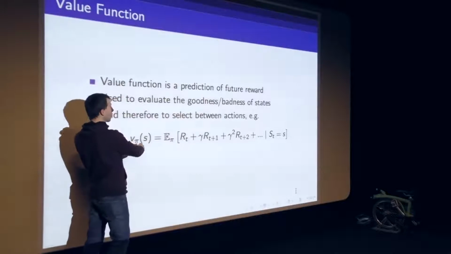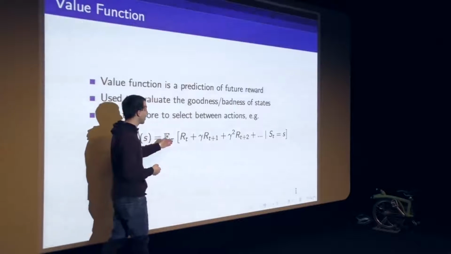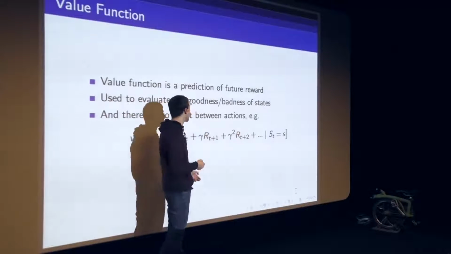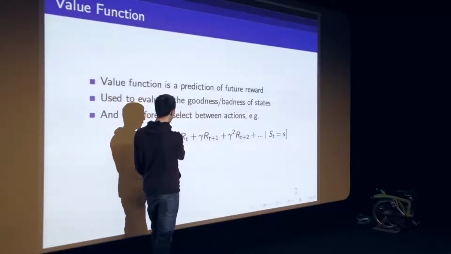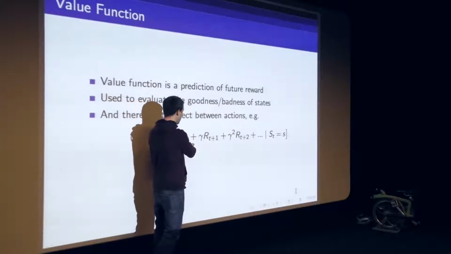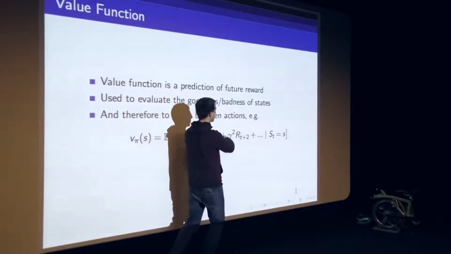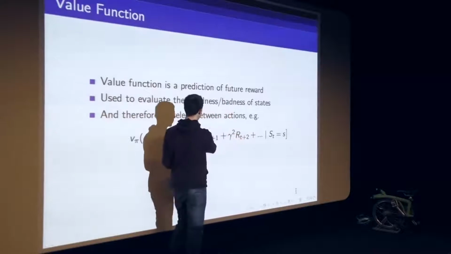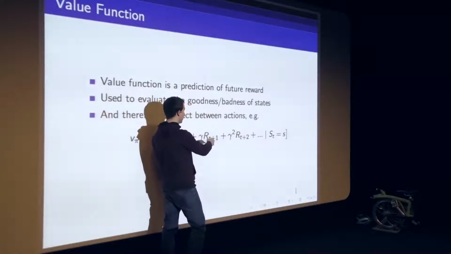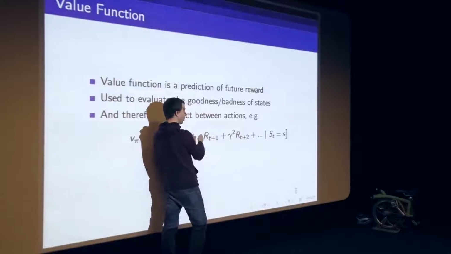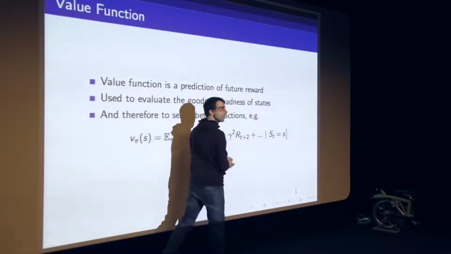And so the value function for a policy tells us how much total reward we expect to get going into the future. So we're going to look at the expectation over the future of the reward at time t, plus the reward at the next time step, plus the reward at the next time step. And we can also have this discounting going into the future. This is something that says we care more about immediate rewards than later rewards.